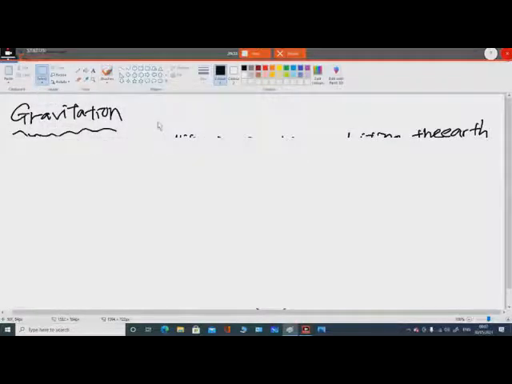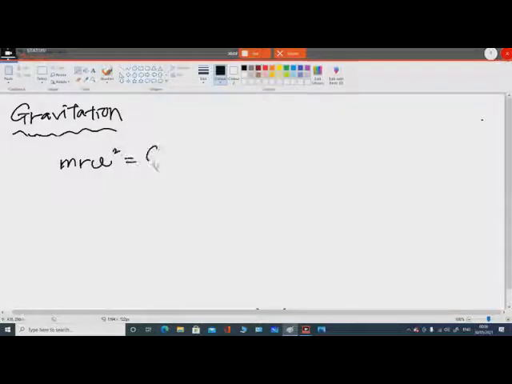So actually we can find what the distance is between the center of the Earth and the satellites so that the synchronous satellite can occur. We can find it through this formula, which is m r omega square equal to GMm over r square.